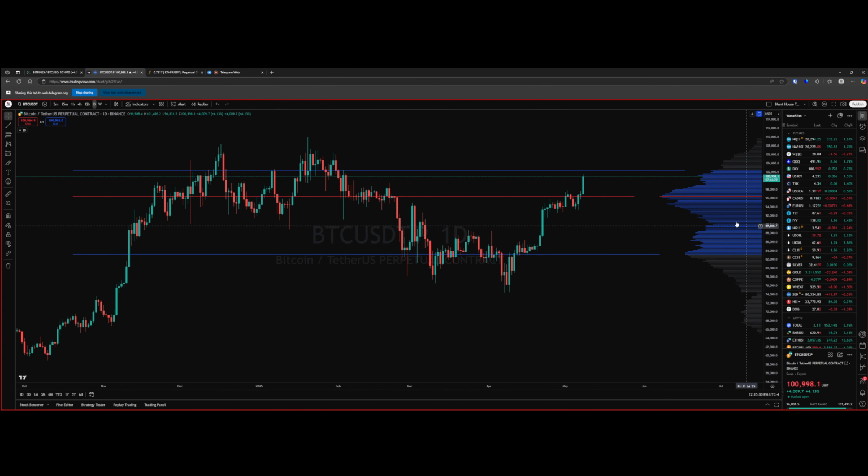Now, we've talked before about this being the point of control, that we would have to see what happened when price finally got there, because it was a target. And if the chart was expressing itself in a bullish manner, the next target would be the upper value range of the point of control.